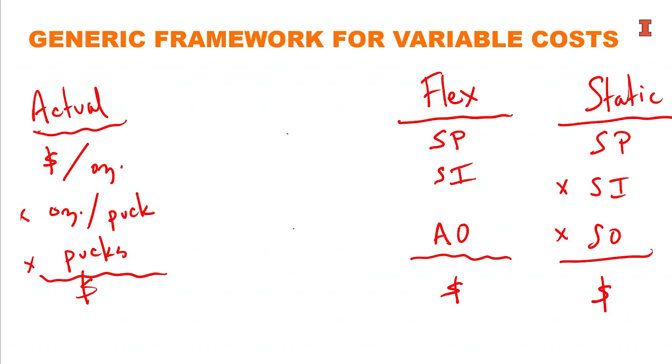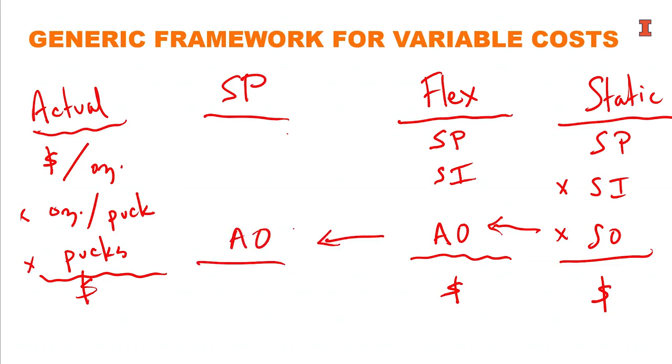When we multiply the standard price, standard input, and actual output numbers, we get the flexible budget for, in this case, materials. The next column in doesn't necessarily have an official name. I just call it the standard price column. And in that one, we're going to change the next component. We've already changed standard output to actual output as we've moved from right to left, so we can leave that the same, actual output.